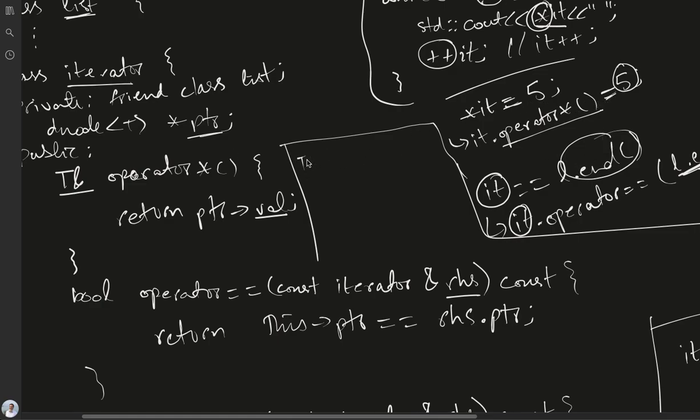So the return type would be T star, and then we have operator arrow. What should it return? Address of the value part. So it returns the address of the value part, right? So I think this is all the operators that are supported by an iterator.